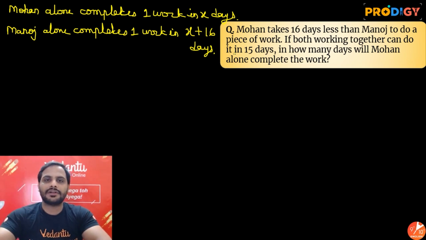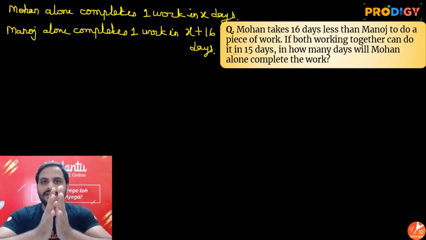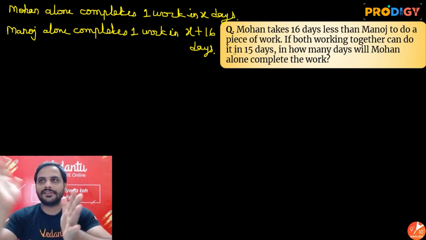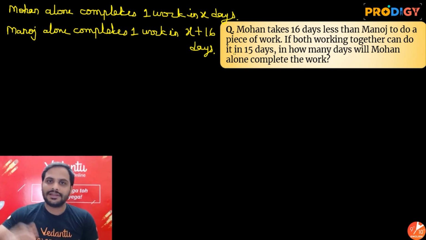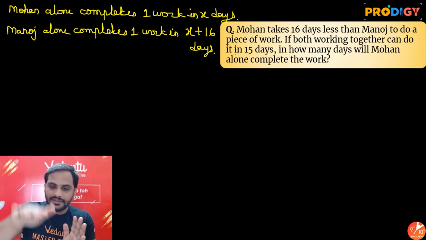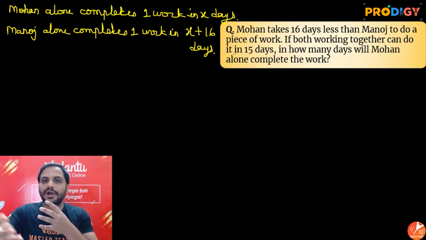You are completing that same work alone in 20 days. Now, when both of us are working together, it is not like 10 days yours, 20 days mine, so a total of 30 days will complete the work. No. When we are working together, the number of days will decrease, because now there are two people working on that same task. So time is not added over here.